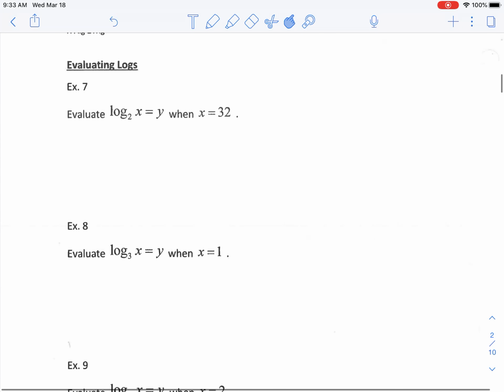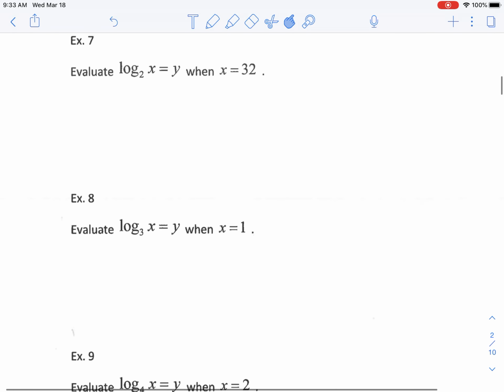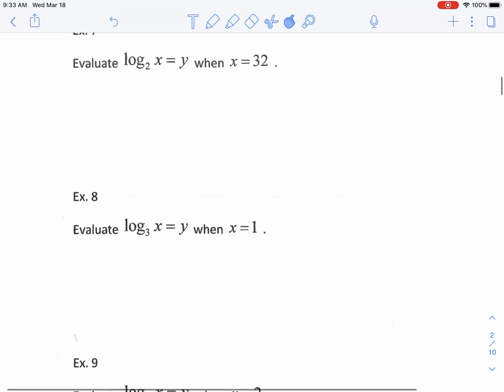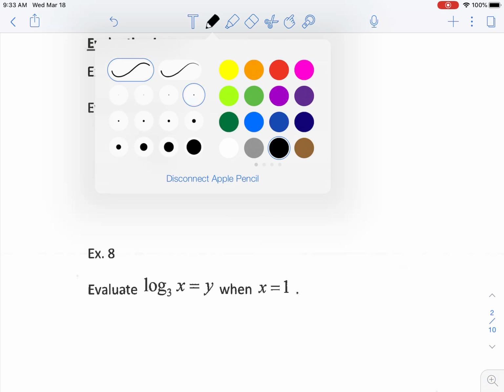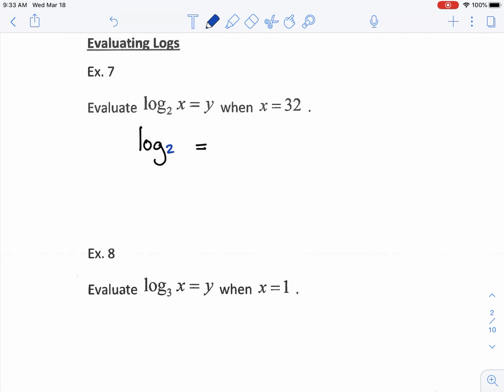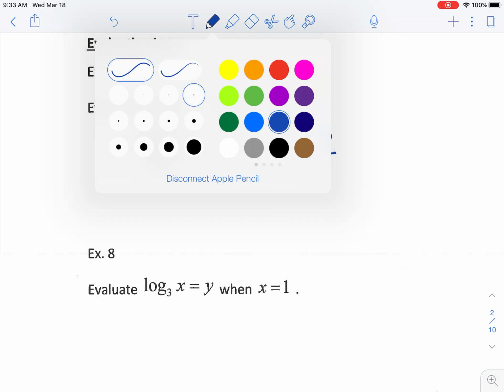Okay. Then they give you a whole bunch of things over here where they want you to go and evaluate. So the first thing we need to do is we need to plug and chug. So I'm going to go write log and an equal sign. I'm going to keep my base blue. And I'm going to change this into an exponent as we go. So this is going to be base 2.